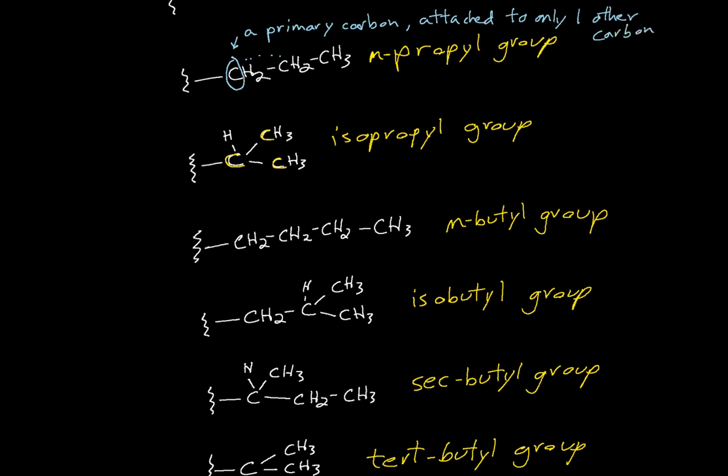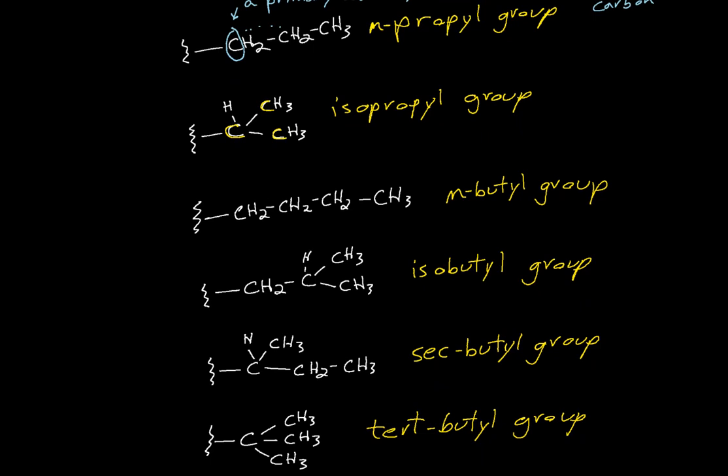Now, this is just going to be a logical progression. A carbon down here, for example, say in the butyl group, is a secondary carbon. Why? Because it is connected directly to two other carbons. So all you're doing when you say primary, secondary, or tertiary for a carbon is looking at how many carbons it's attached to.